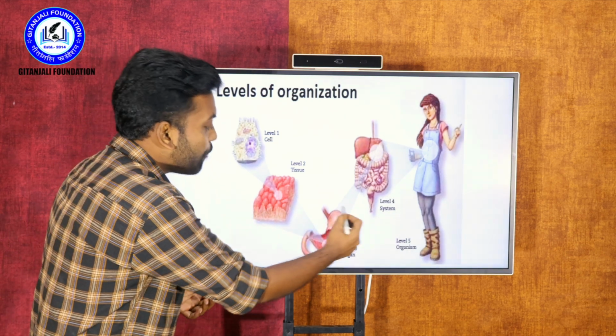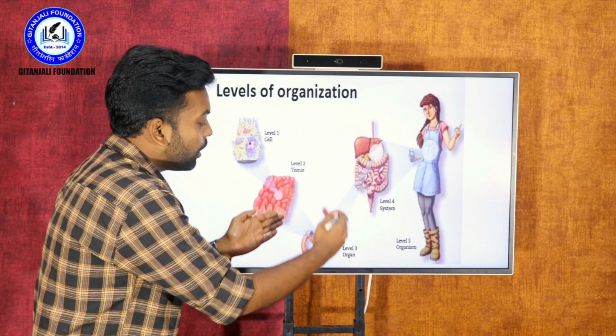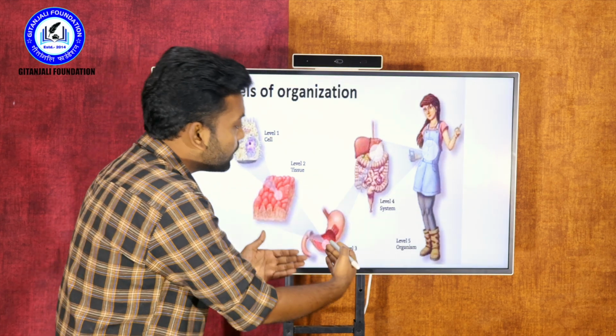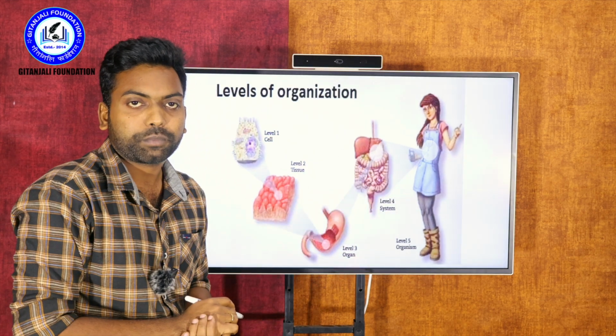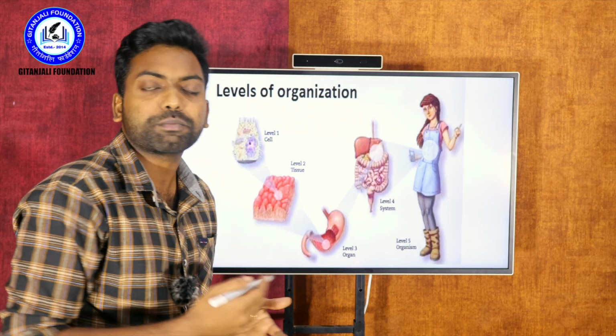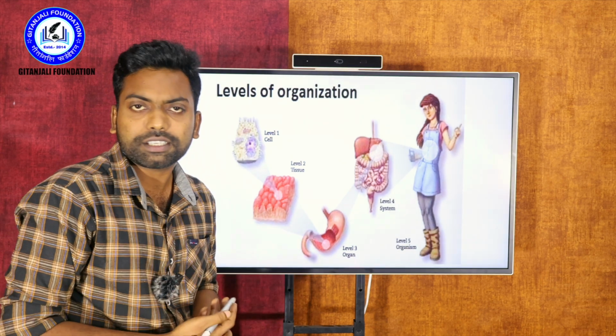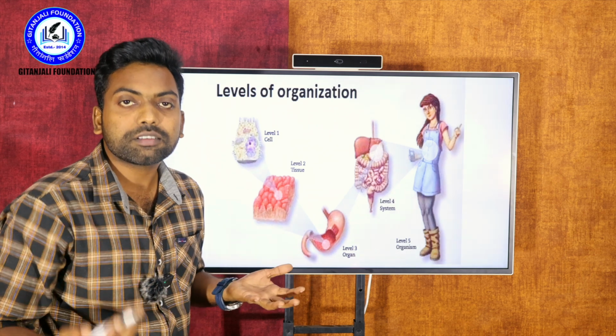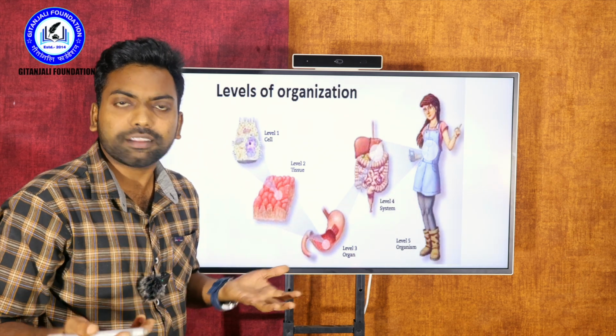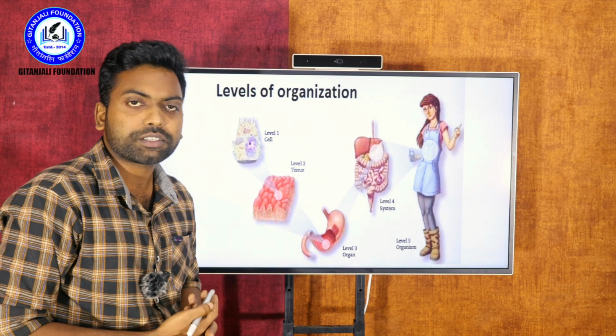And next, when organs come together, a group of organs becomes a system. There are different kinds of systems in our human body. For example, the cardiovascular system includes the heart, arteries and veins.